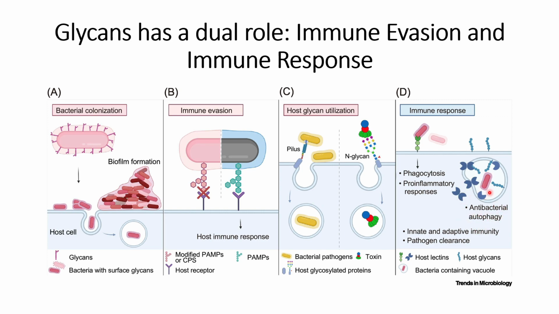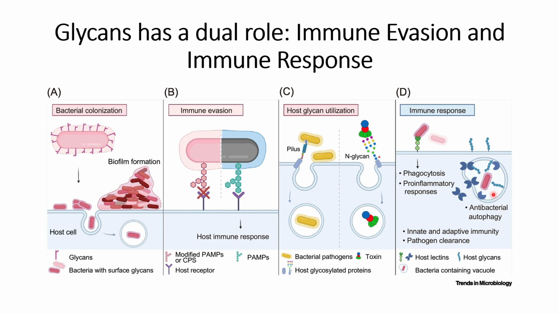In this phagocytosis and pro-inflammatory response, antibacterial autophagy will be activated, and this will detect the glycans that are expressed on the bacteria, which are not similar to the glycans of the host.